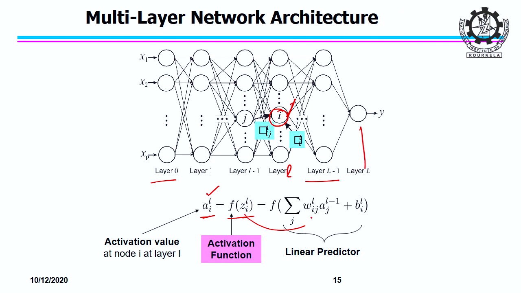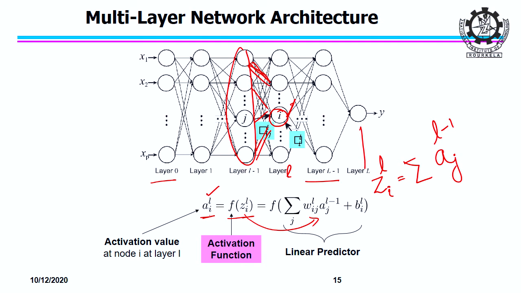z_i^L is nothing but this part: summation over all the nodes here, and then this link, this link, this link, and so on. All these nodes are written as A_j, in the previous layer, that is L minus 1, and then you have to multiply by the weight.